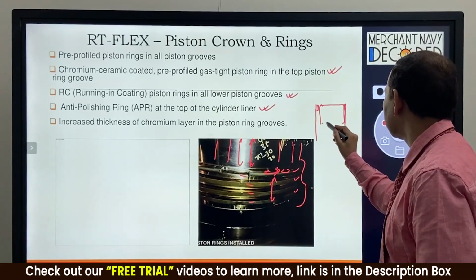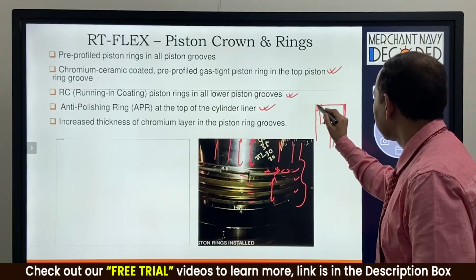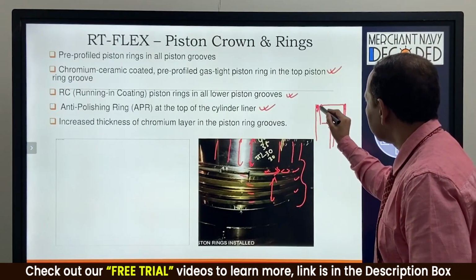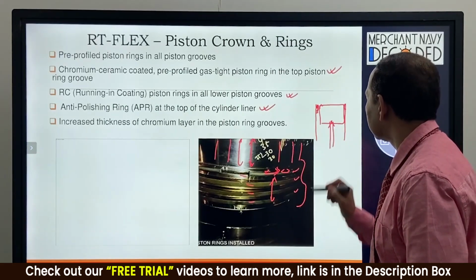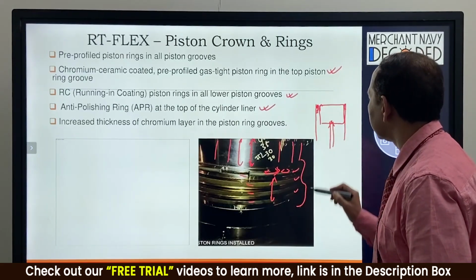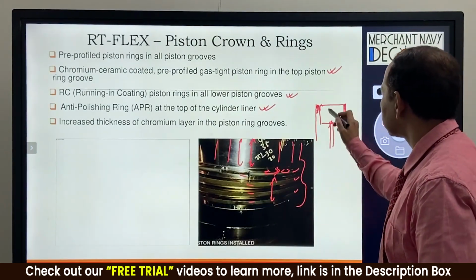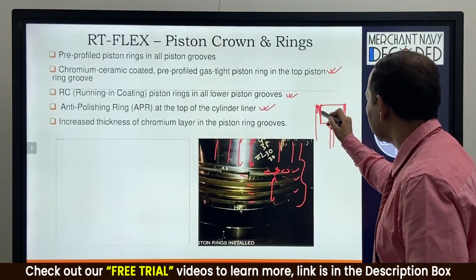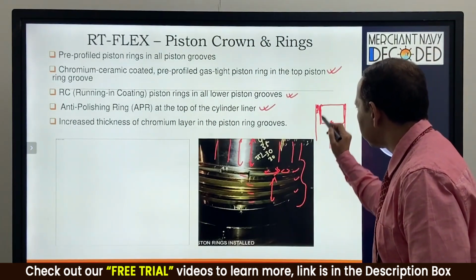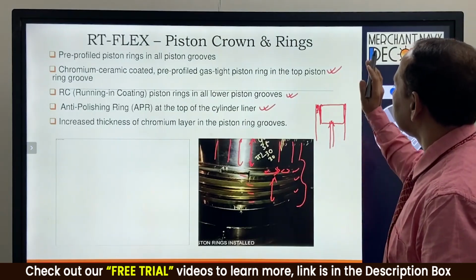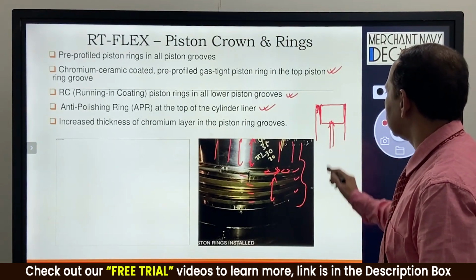So whenever the piston is passing across this anti-polishing ring, there is a small gap which is left over, which governs that the piston ring and the anti-polishing piston top and the anti-polishing ring should never come in contact, and only the carbon layer is going to be cleared off during the upstroke or downstroke.